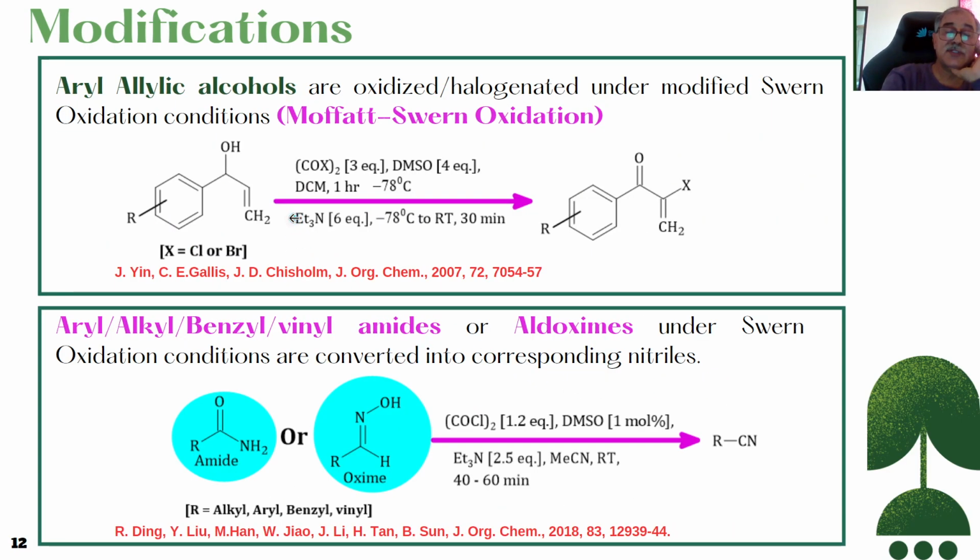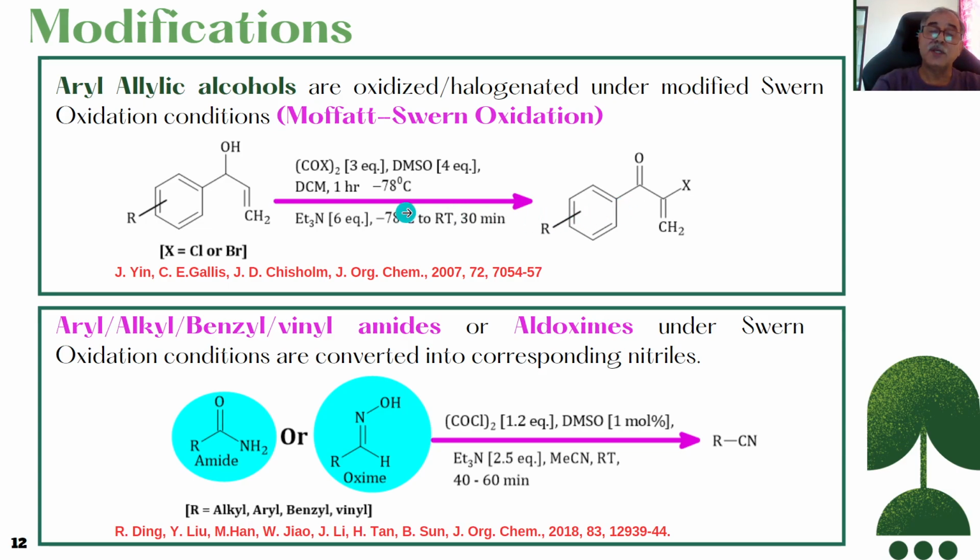Then a few modifications of conditions in Swern oxidation. So, if instead of primary or secondary alcohol, we use allylic alcohols, this is the allylic alcohol, and this is the aryl part. And when this is reacted with oxalyl chloride or oxalyl bromide, both can be used, then alpha halo ketones were synthesized as the product.